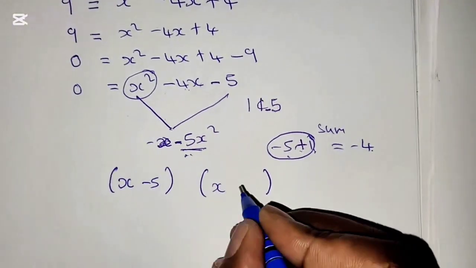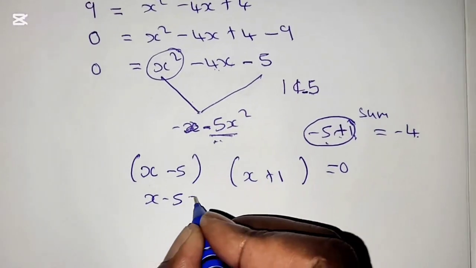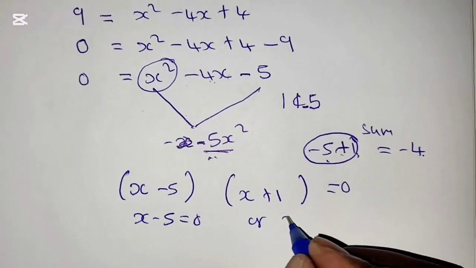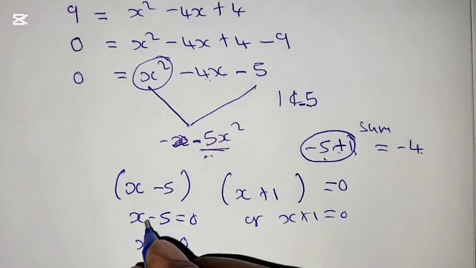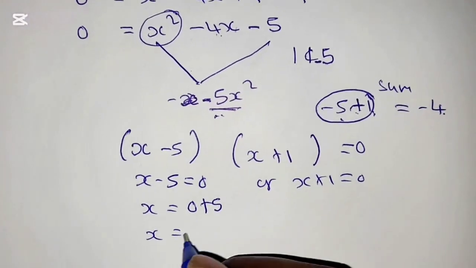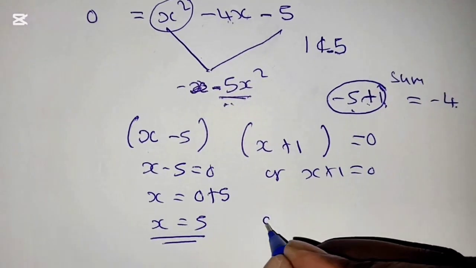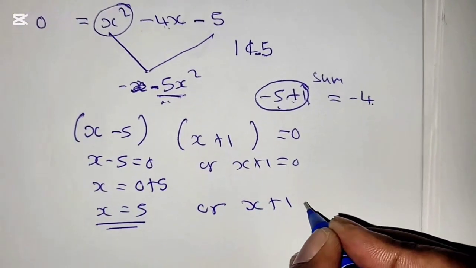Then x positive what? Positive 1 is equal to 0. So x minus 5 is equal to 0, or x plus 1 is equal to 0. So x is equal to 0, negative 5 to this side is now positive what? Positive 5. So x is equal to 5, or x plus 1.